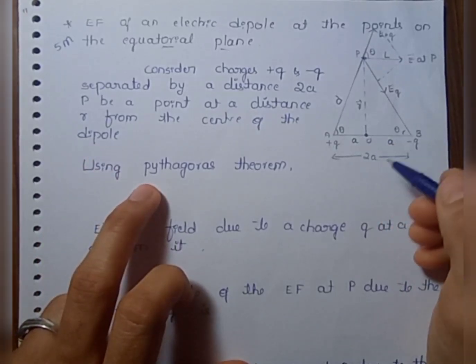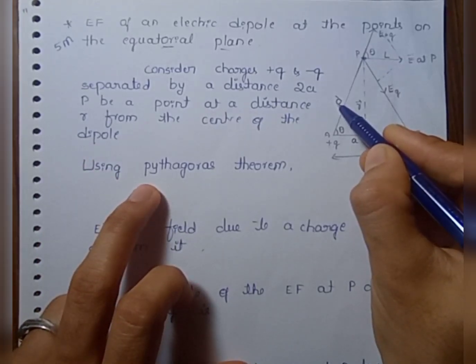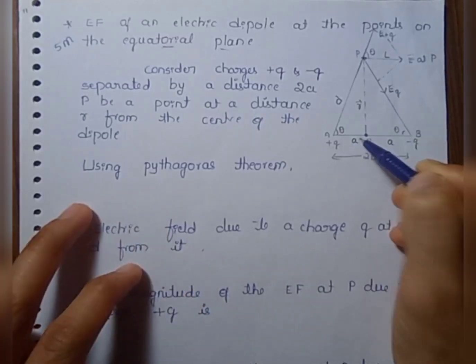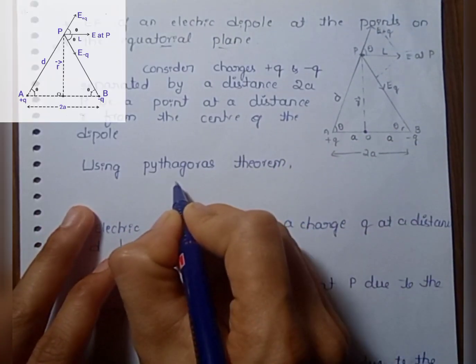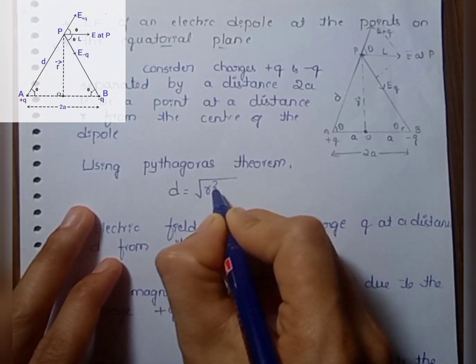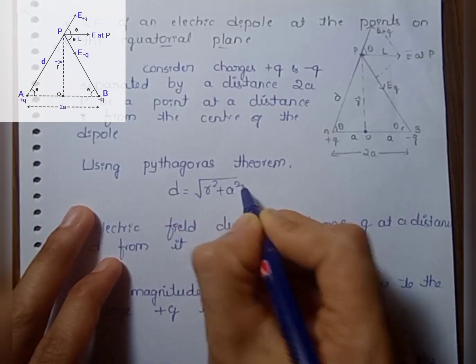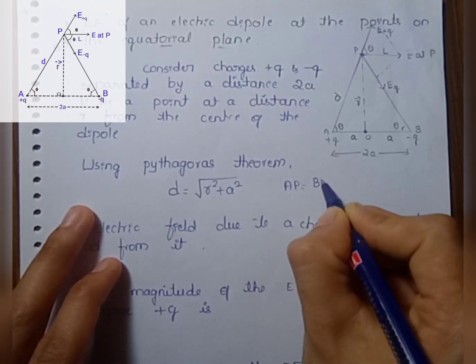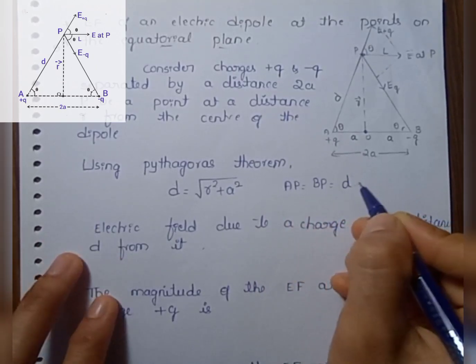Using Pythagoras theorem, D is equal to square root of R square plus A square. Here AP is equal to BP, which is equal to D.